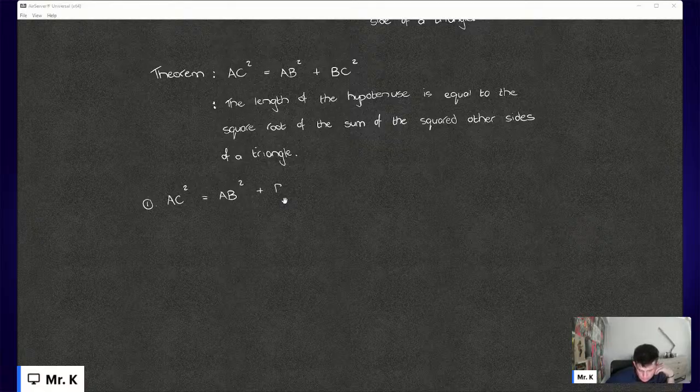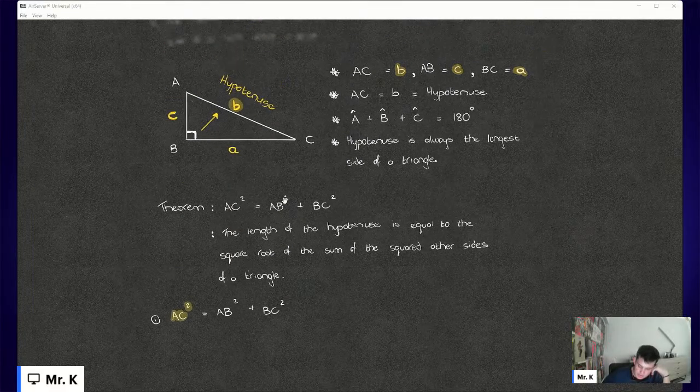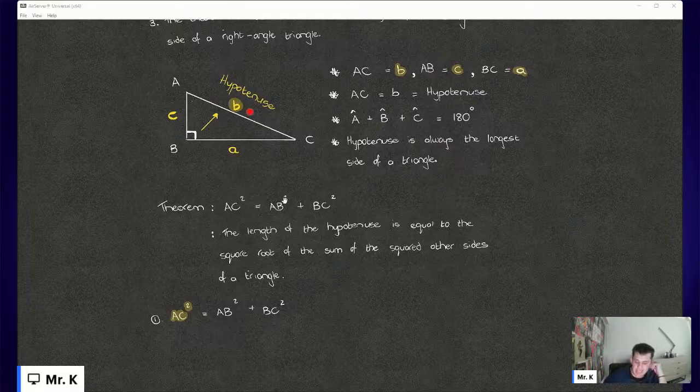Now, let's say that I wasn't actually looking for the hypotenuse of the triangle, right? We know that AC is the hypotenuse over here. How do I know that? If we go up ever so slightly, we know that AC is the longest side of the triangle.